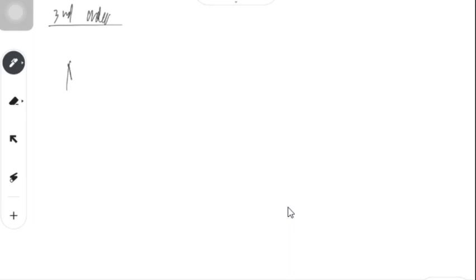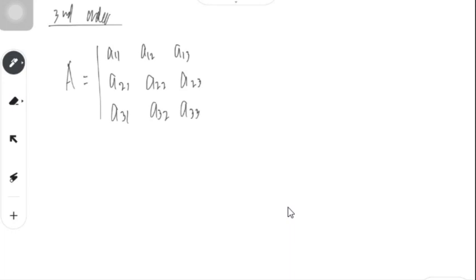Let's say for a third order determinant, we have here A21. Sige, paano ngayon? Saan nyo gusto? Which do you prefer?